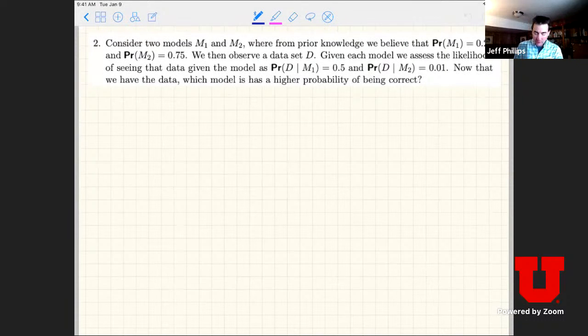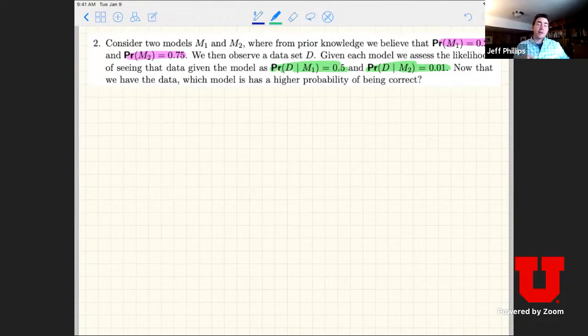Okay, consider two models, M1 and M2, where the prior knowledge we believe is that the probability of M1 is 0.25 and the probability of M2 is 0.75. Then we observe some data D. Given each model, we assess the likelihood of seeing that data: the probability of data given M1 is 0.5 and data given M2 is 0.1.